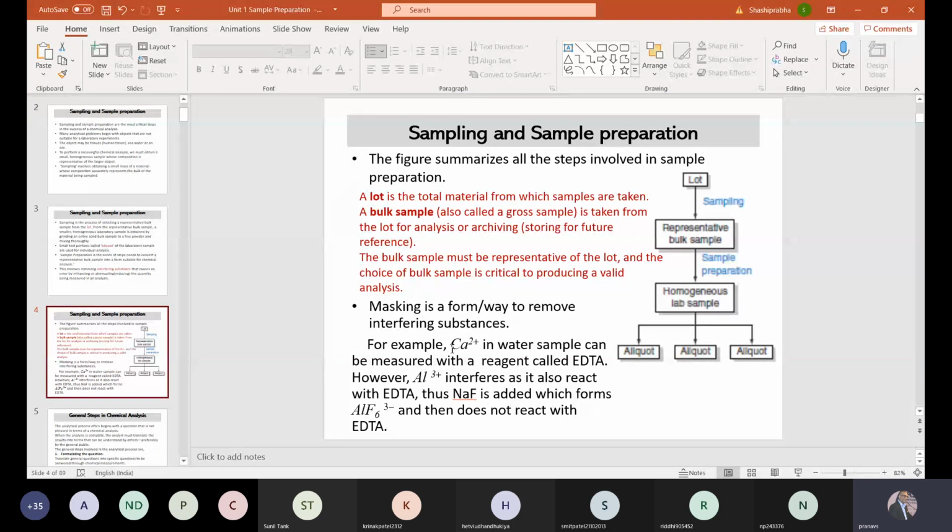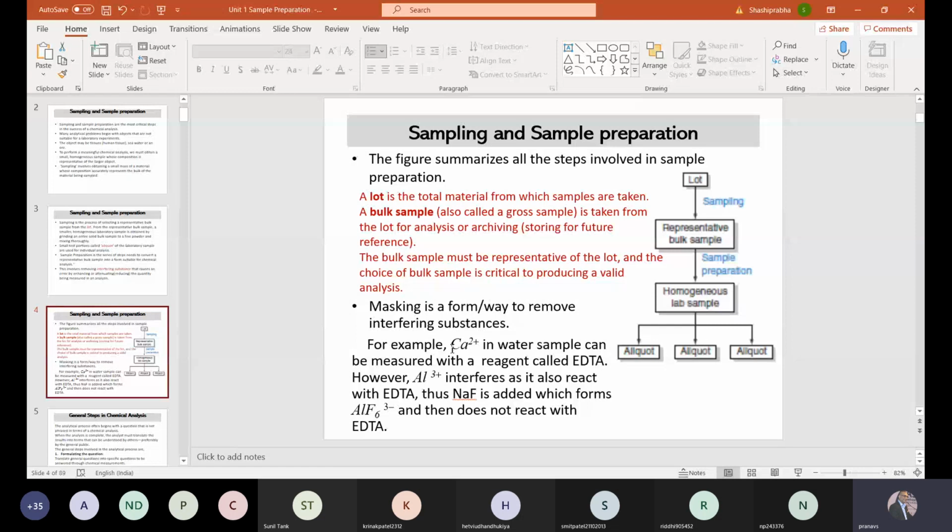That is important. And for real samples, we are not aware of whether aluminium is there or not. So for that, we can do some qualitative tests to ascertain the presence or absence of aluminium.